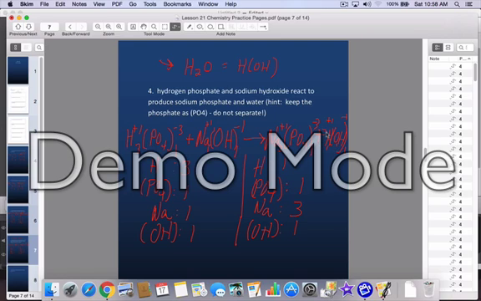I don't know if that's going to work or not. Let's just put a 3 in there. Okay, so that fixes our hydrogens, and then we're going to end up with 3 times the 1 hydroxide, so that's going to give us 3 hydroxide there. Okay, so we fixed the hydrogens, but we still got other problems over here.